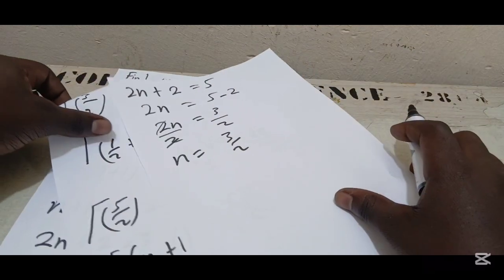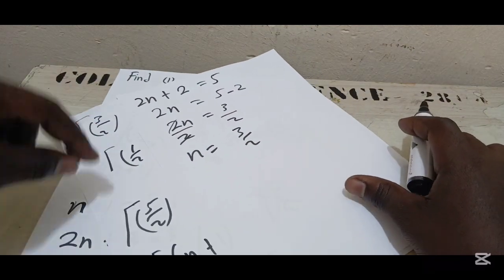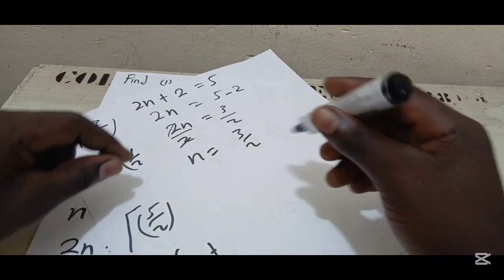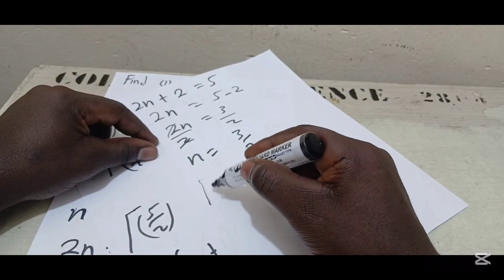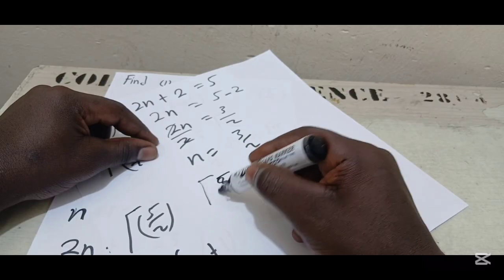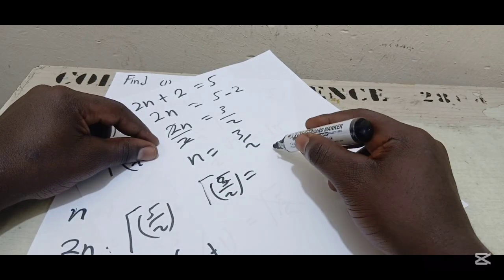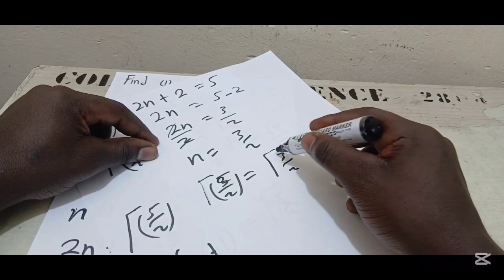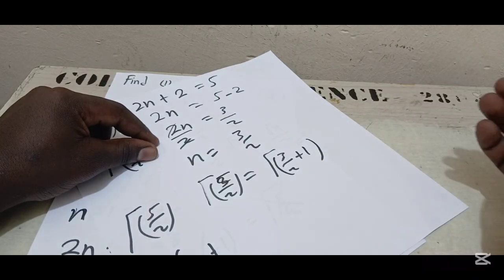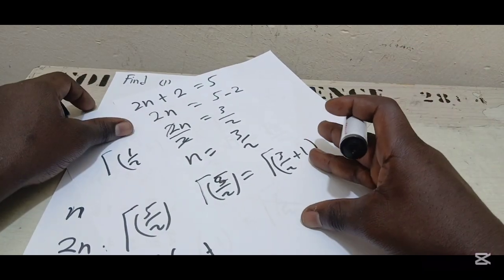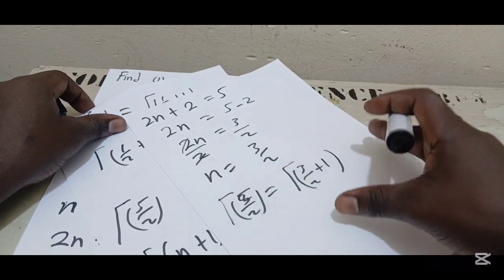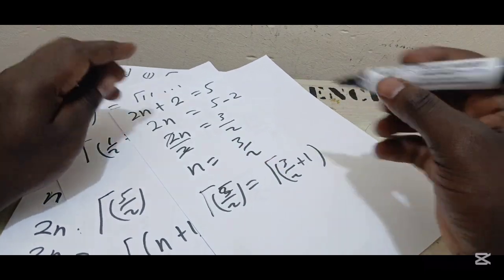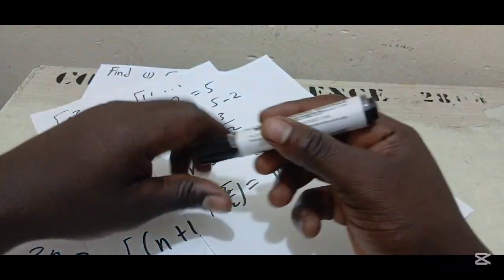So what is the problem again? We are solving for gamma 5 on 2. Gamma 5 on 2 is the same as gamma 3 on 2 plus 1. Now that we are able to express this in this form, we can go ahead and solve for gamma 5 on 2.